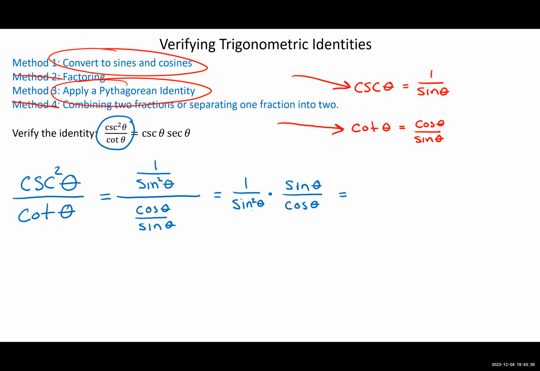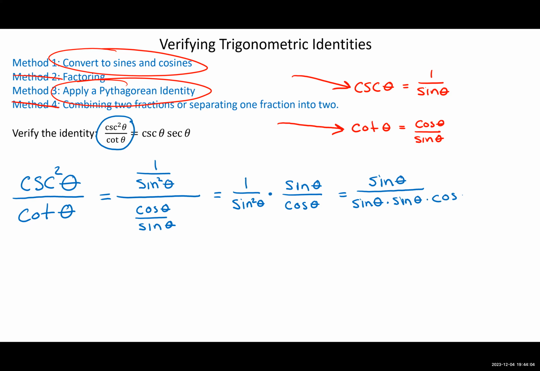Now we've got 1 over sine squared times sine over cosine. Now, let's see. On top, if we multiply these two fractions and combine them into one, we've got a sine theta on top. We've got two sines and a cosine, so I'm going to again do that little trick, split up the sine squared into sine theta times sine theta.